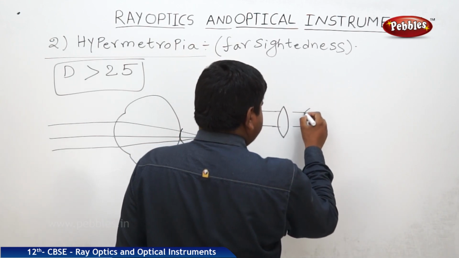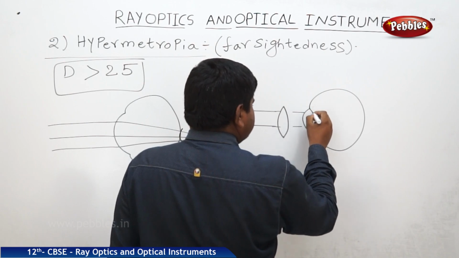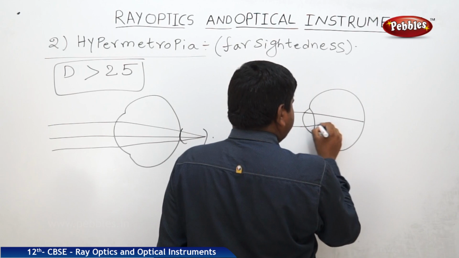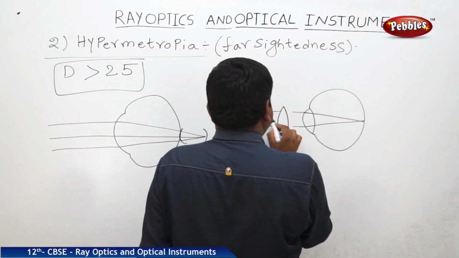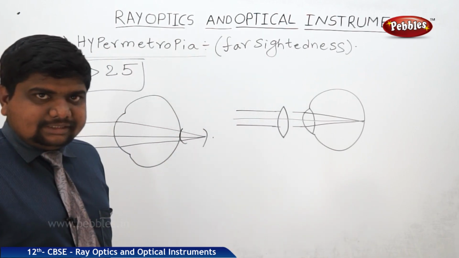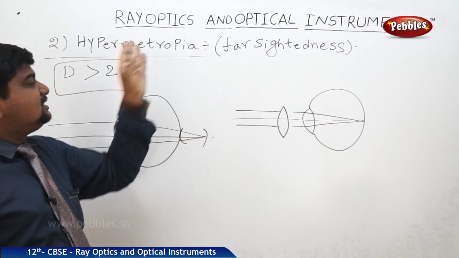Like this, it falls on the retina, the eye screen. So here, by using a biconvex lens, we can overcome this problem.